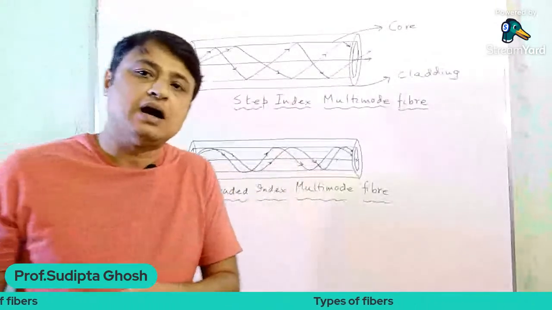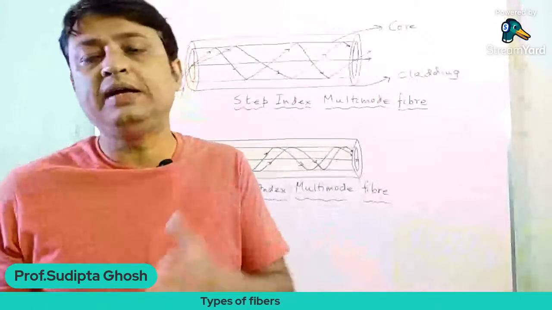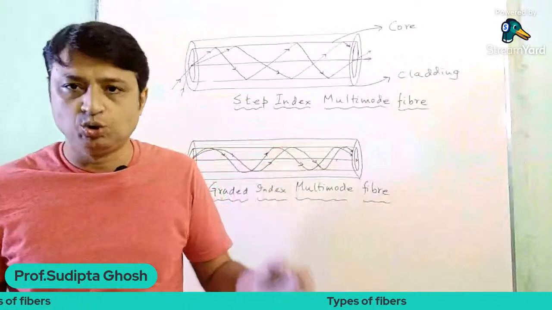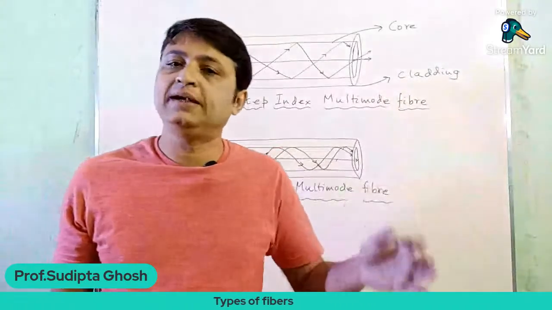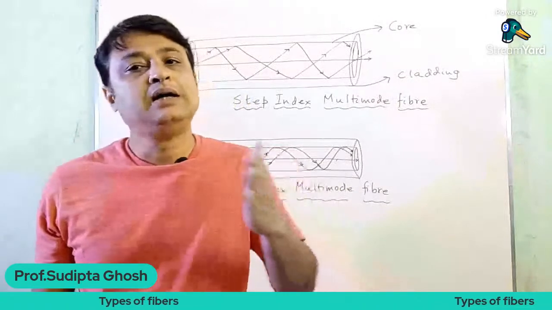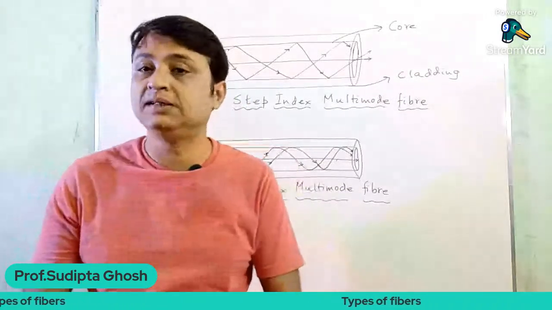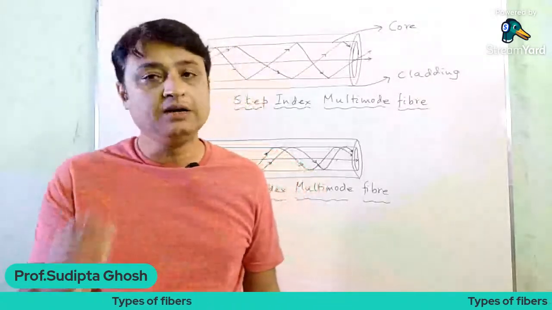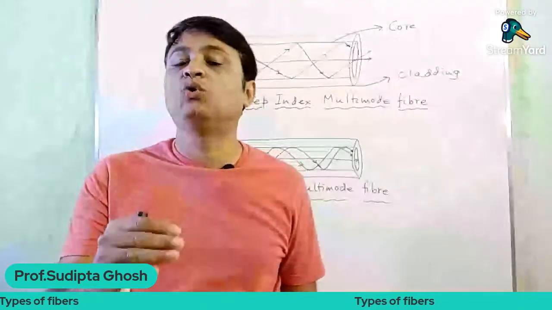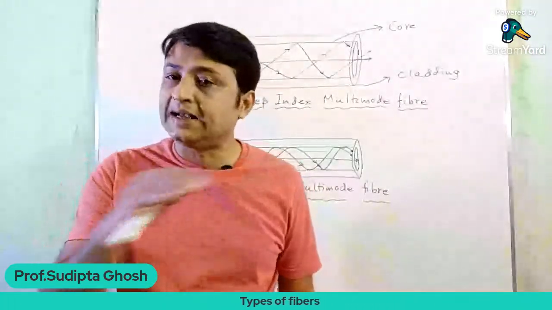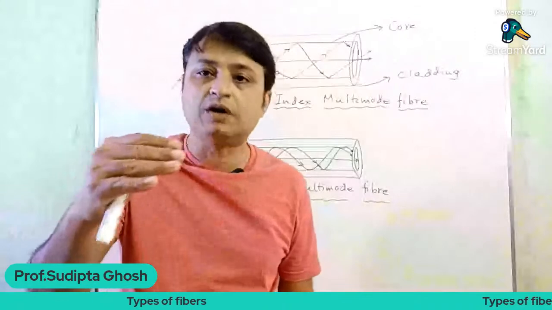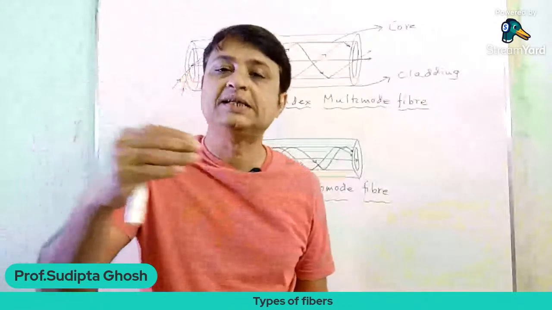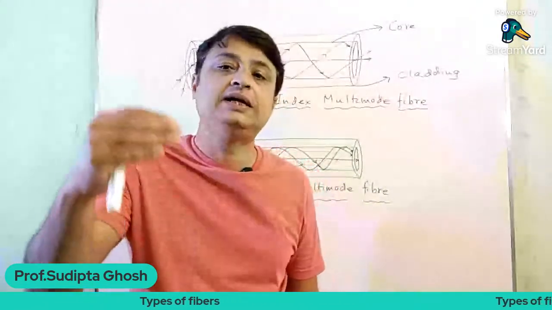So depending upon the variation of refractive index of the core, the optical fiber can be classified into two. Number one is the step index fiber, where the refractive index of the core remains uniform, and the other one is the graded index fiber, in which the refractive index of the core has its maximum value at its axis, and as we move from the axis of the core to the core cladding interface, the refractive index gradually decreases.